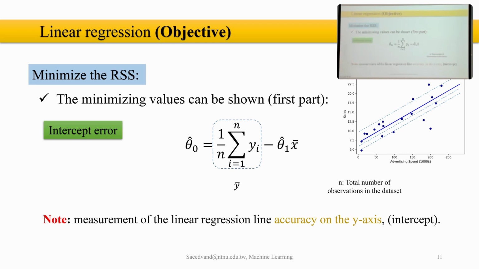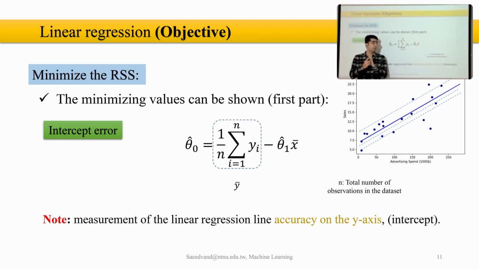The first part that I need to minimize includes the intercept error. So intercept has been defined as theta hat 0, and this theta hat 0 can be written like this equation that I want to minimize.